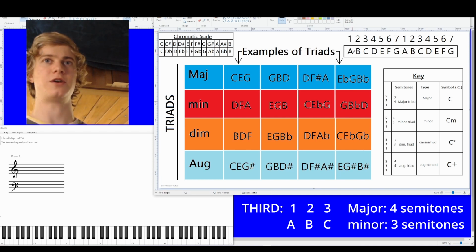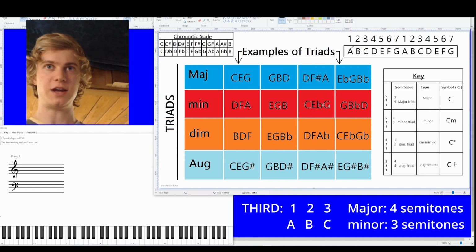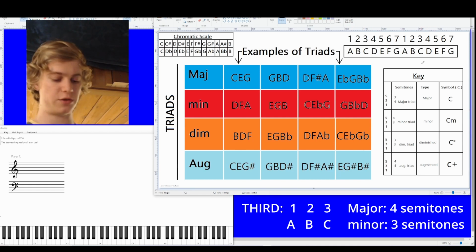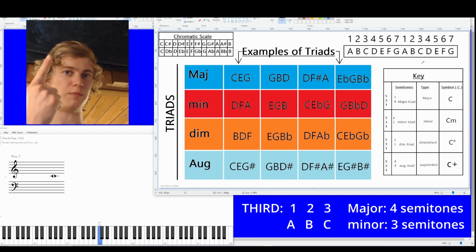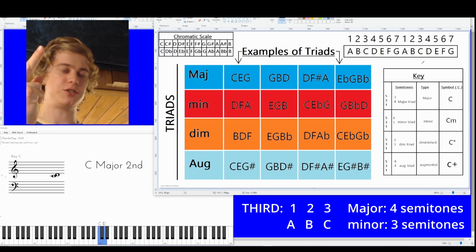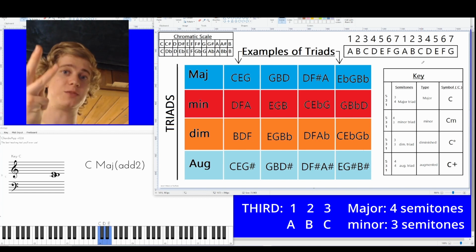The natural notes are these: A through G, no sharp, no flat. So you can kind of use this key to help you as I go over this on the piano. So if I want a third, I'm going to start with C, then I'm going to call that C my 1, then I'm going to go up D, which is my 2, and then E, which is my 3.